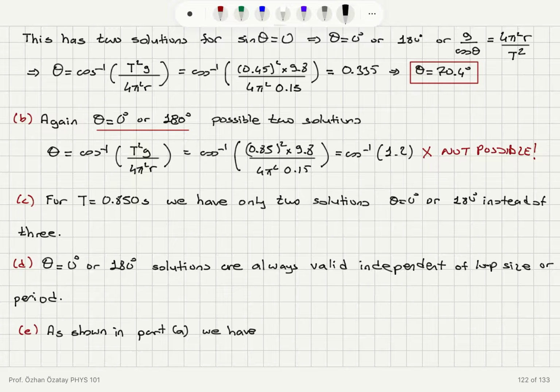We have at least two solutions for all cases, as we have discussed in part D.